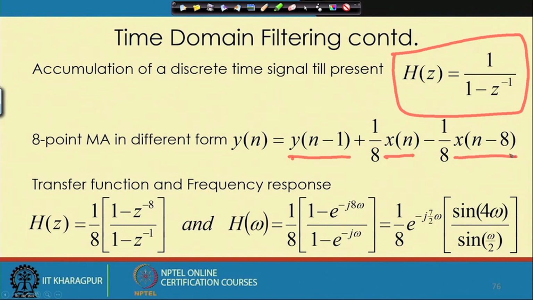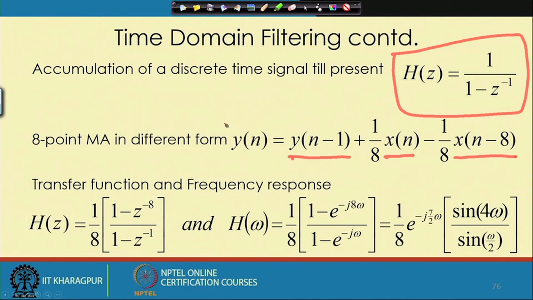So, we are taking that 8 point MA filter, it is actually equivalent to that. The only change we have done here is that this is no longer an FIR filter, because in case of an FIR filter, we have only the input signal and past few inputs, but here we are using the output of the signal also to generate the present output.